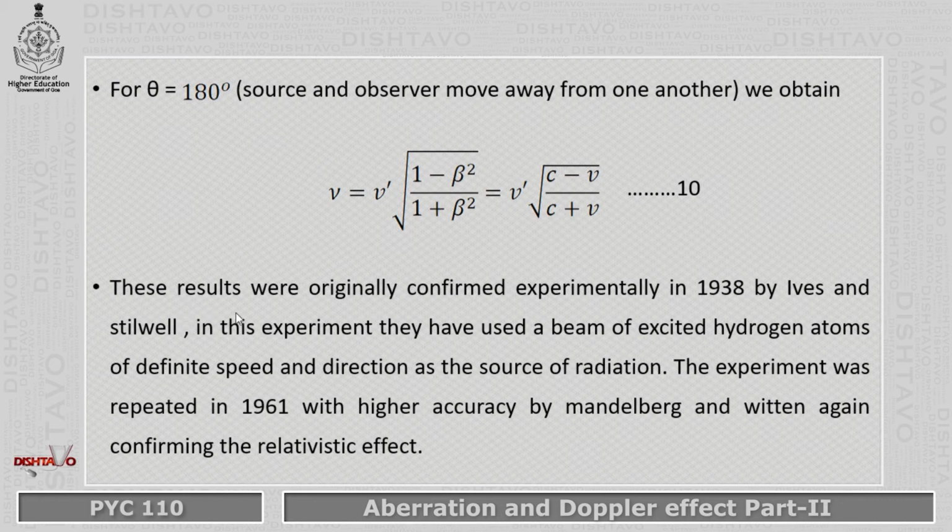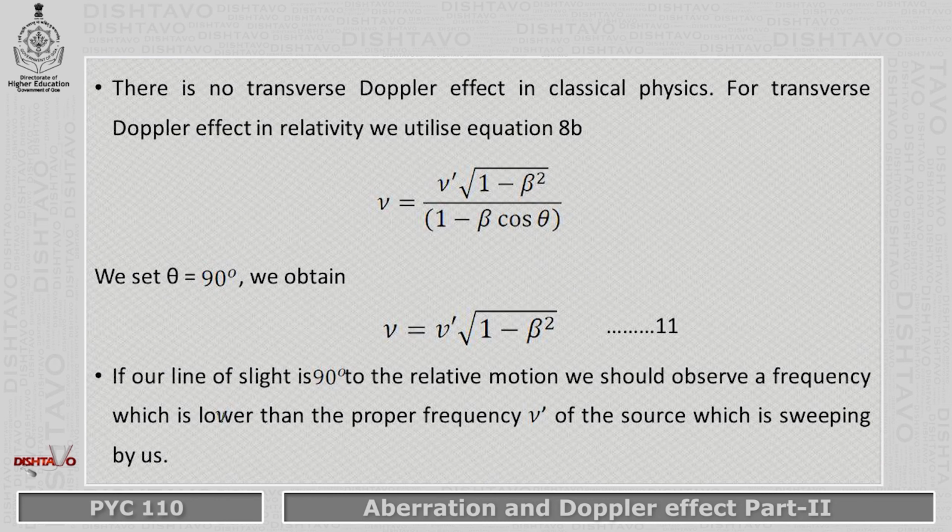This result was experimentally confirmed in 1938 by Ives and Stilwell. In this experiment, they used a beam of excited hydrogen atoms of definite speed and direction as the source of radiation. The experiment was repeated in 1961 with higher accuracy by Mandelberg and Witten, again confirming the relativistic effect. There is no transverse Doppler effect in classical physics.